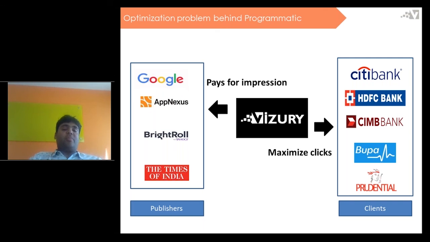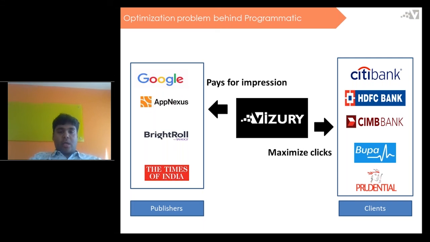We pay them for showing an ad. But on the other side, we have clients for whom we have to maximize the clicks. So obviously there's an optimization problem here. We have to only spend money where we are sure of getting the clicks.